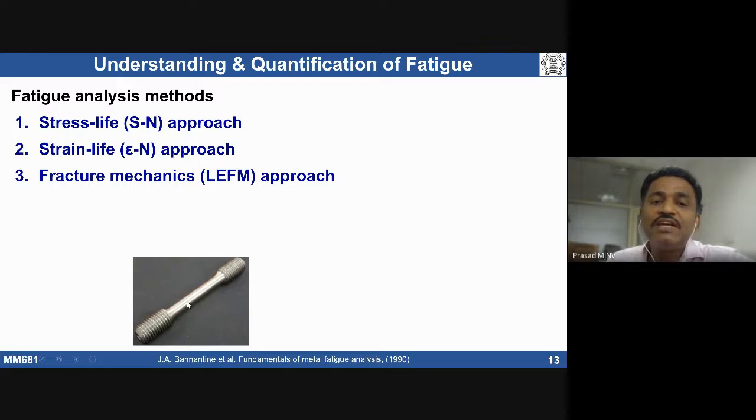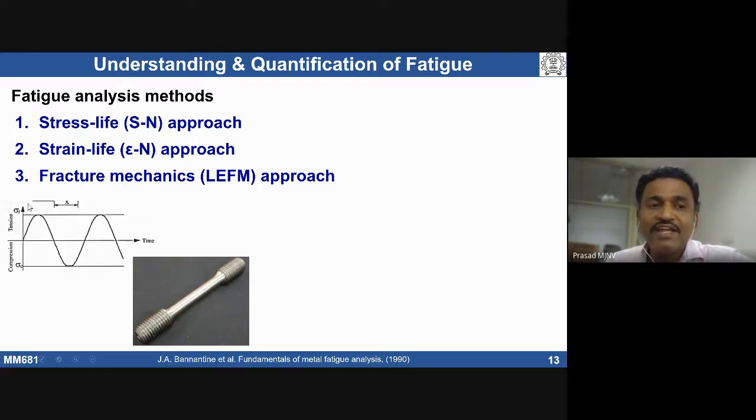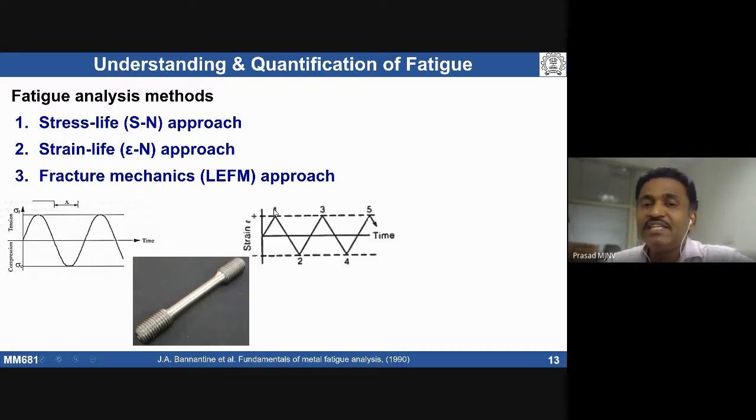This specimen will be subjected to varying stress or strain. If you change the stress, that is called the stress life approach. If you change the strain, that is called the strain life approach.